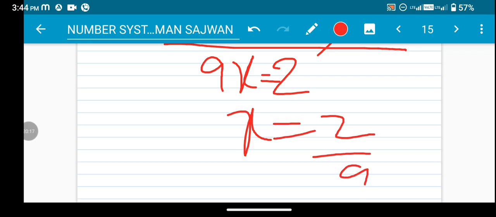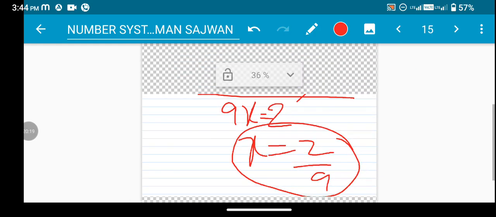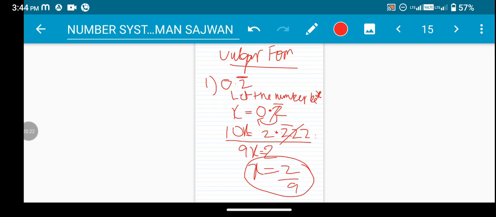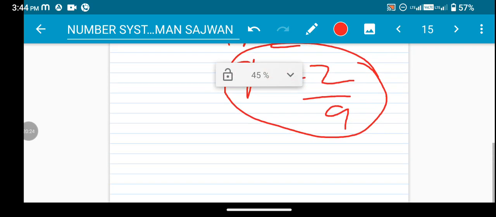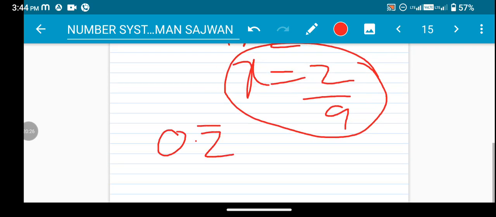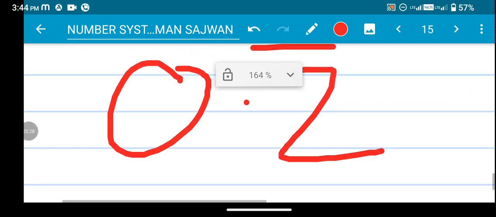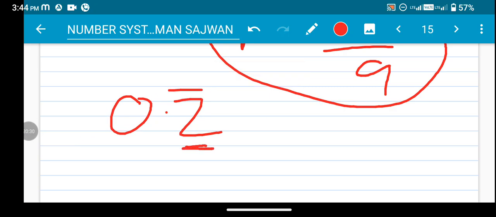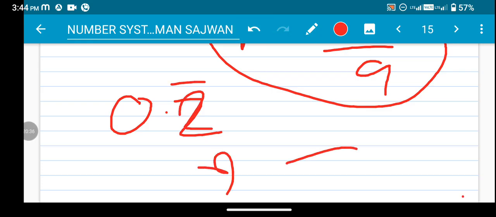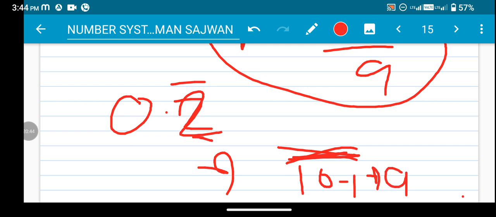Now this is what you have to do in an MCQ, by the trick method. How to do it in the trick method? For 0.2 bar, first see in how many places the bar is. It is one place, so 10 minus 1, which will be 9.